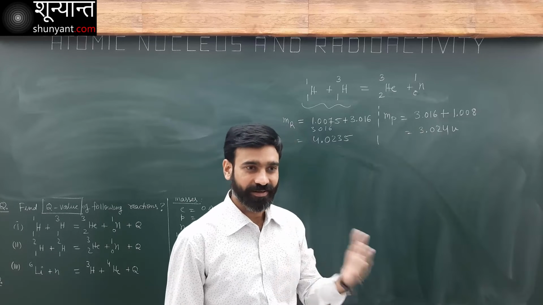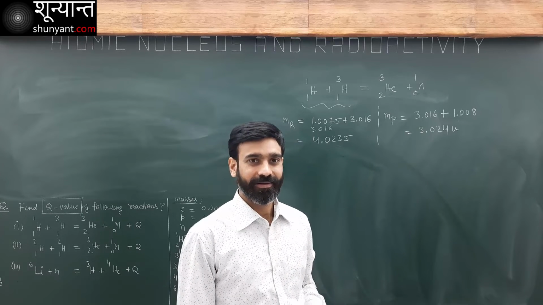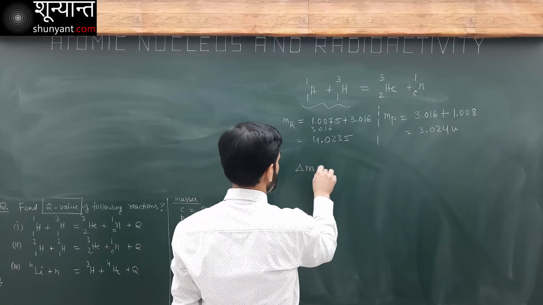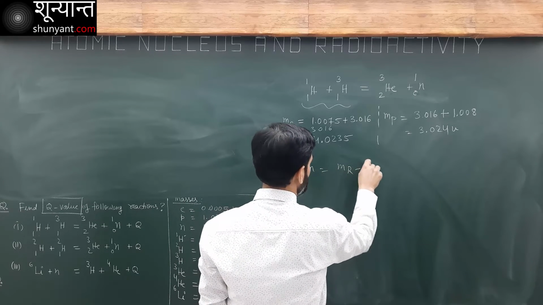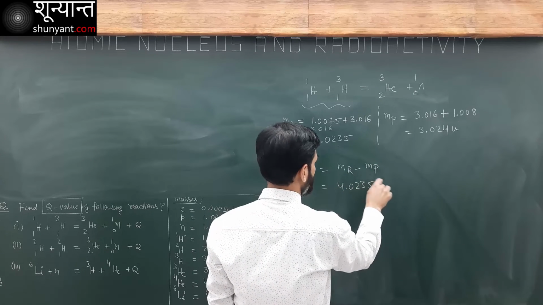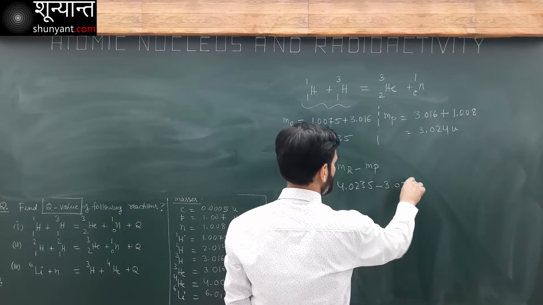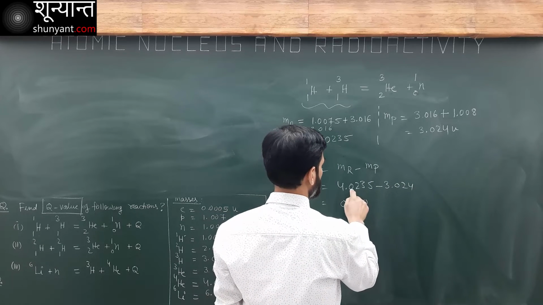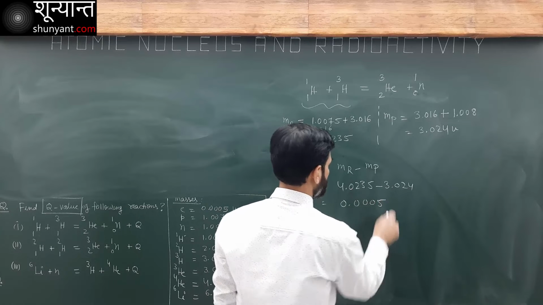The mass of product has increased. What will be delta M? There is a mass defect: mass of reactant minus mass of product. So 4.0235 minus 3.024, this is 0.0005.